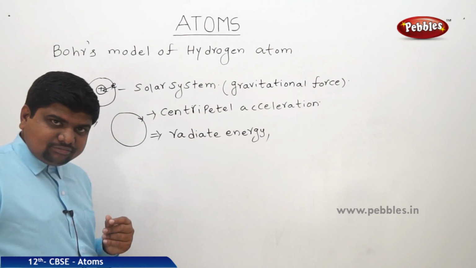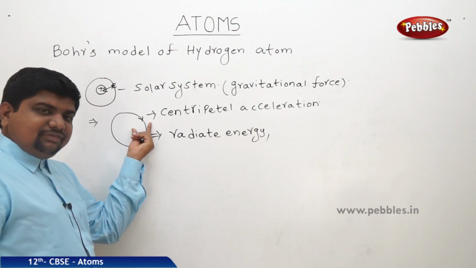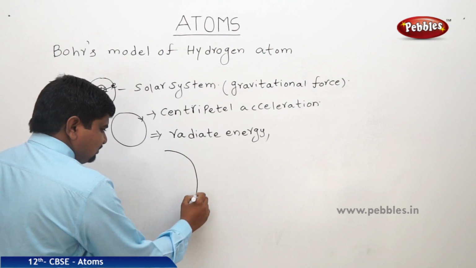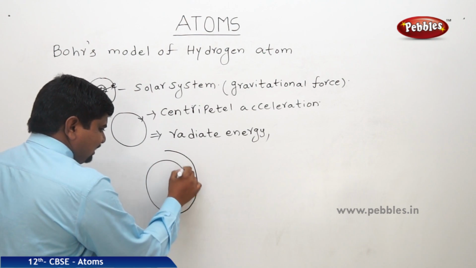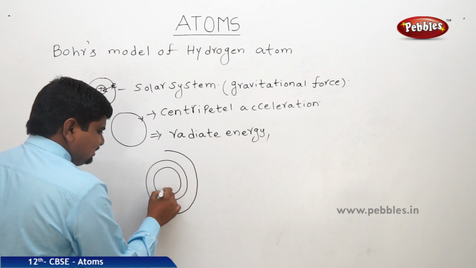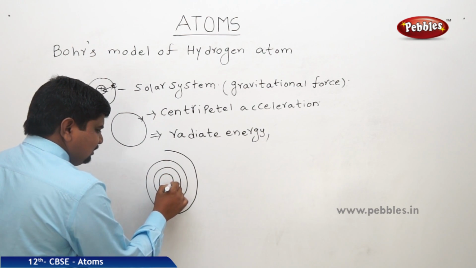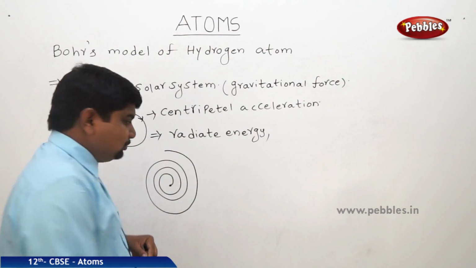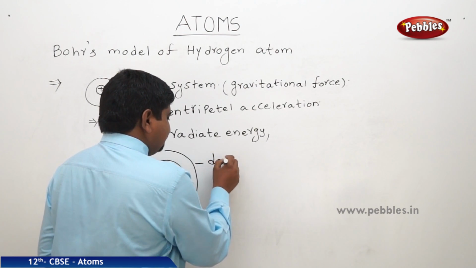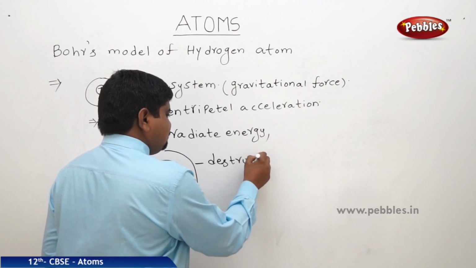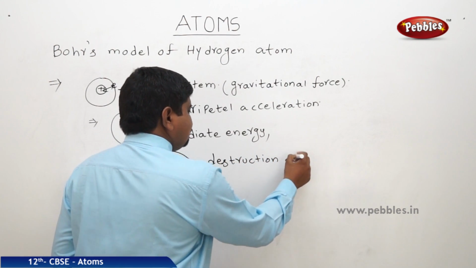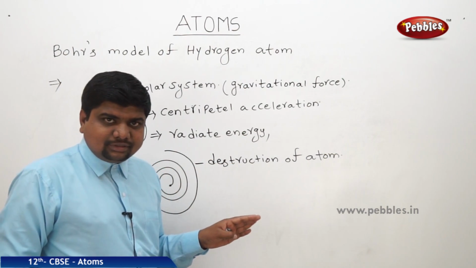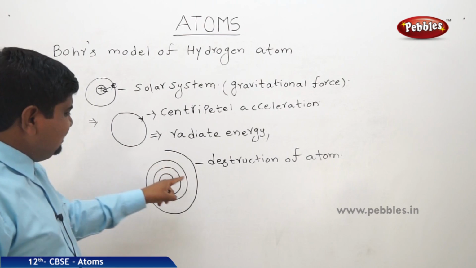Whenever there is a loss of energy, the electron will take a spiral path and completely merge with the nucleus, and this causes complete destruction of the atom.